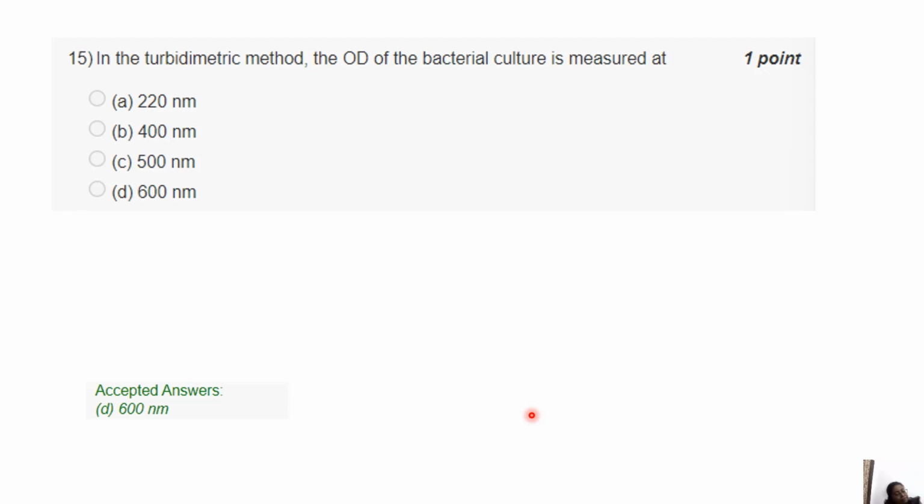OD550 is less commonly used, but can be applied in certain cases where a slightly different wavelength might reduce interference from other substances in the media. In essence, 600 nanometer is the sweet spot for measuring bacterial growth because it minimizes background noise from non-cellular materials and maximizes sensitivity to bacterial turbidity.